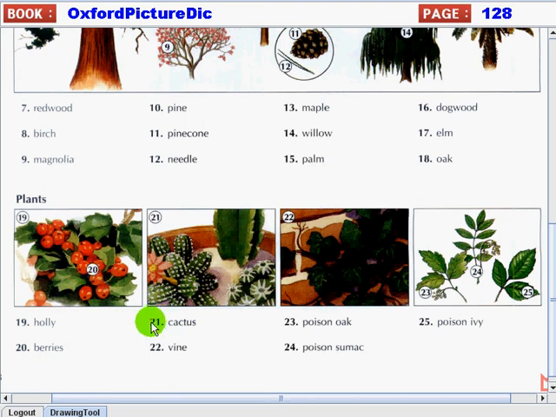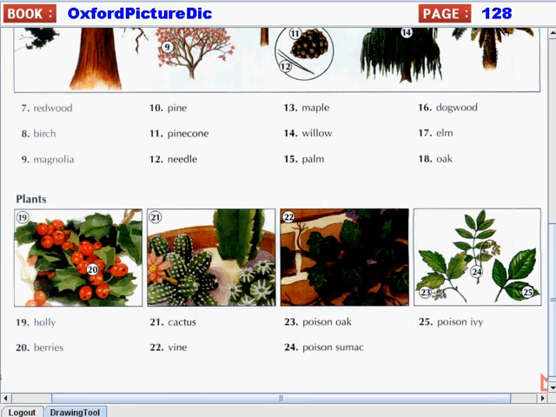Okay? In number 21, we have the cactus. The cactus. Okay? This is the cactus. And have you ever seen a cactus in your life? Okay. Alright, it's very common. And in number 22, we have here the vine.